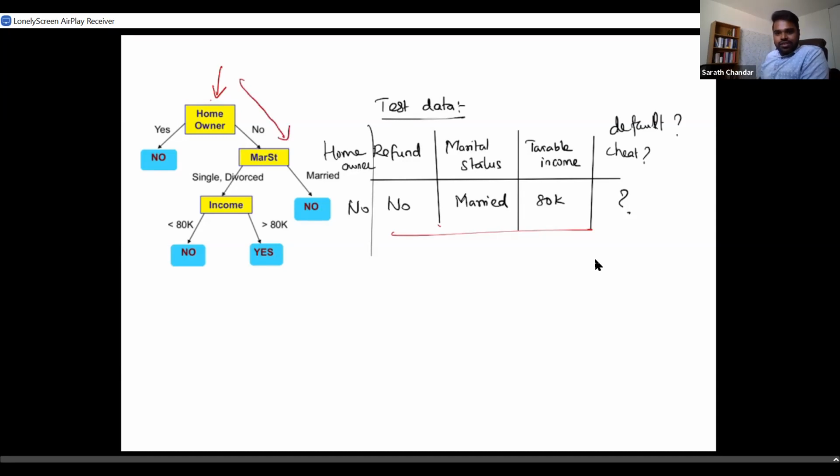Then the tree asks me to check the marital status, which for this example is married, so you go this way and find that the answer is no. So the system will make a prediction: no. Is that clear? This is how we use this decision tree.